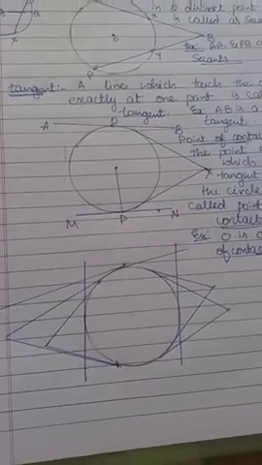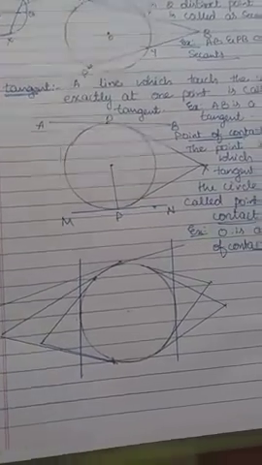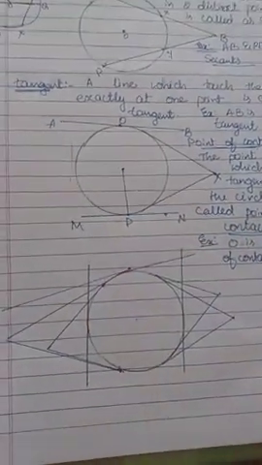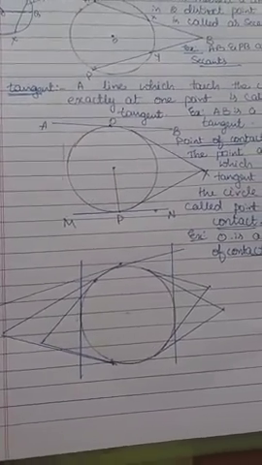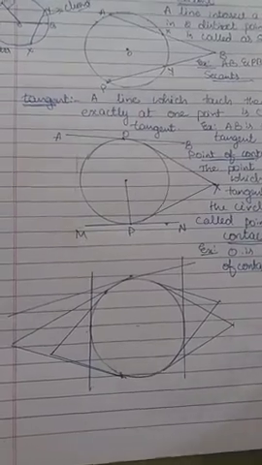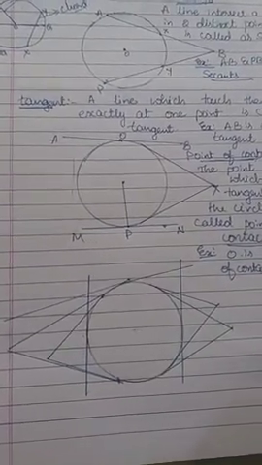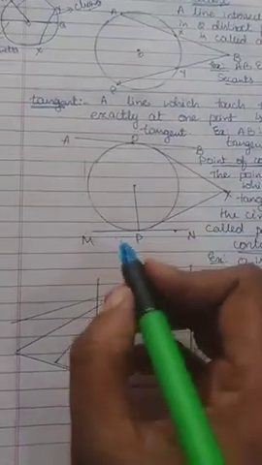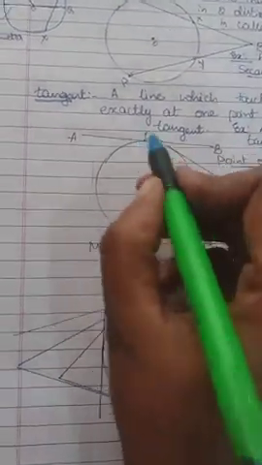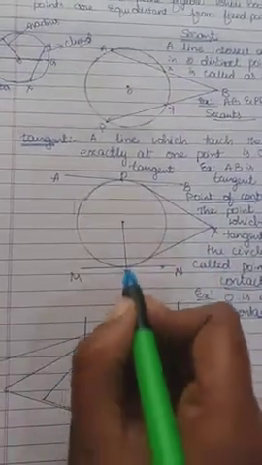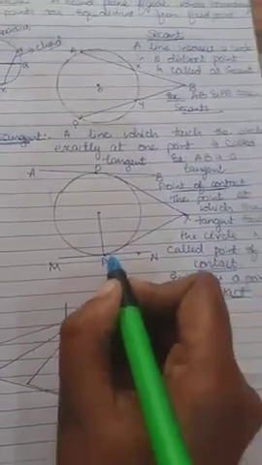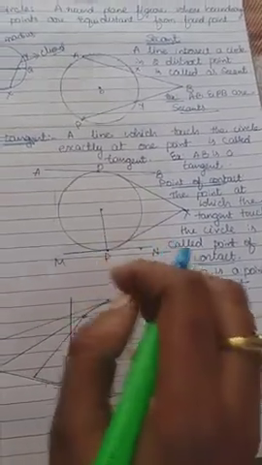And one more thing: a tangent meets the circle at only one point. You have to note down that one tangent can meet the circle at one point only, not 2 points or 3 points. Many tangents we can draw, but a tangent does not pass through the inside of the circle. A secant can pass through the inside of the circle, but a tangent cannot.